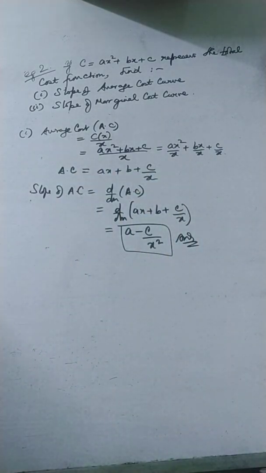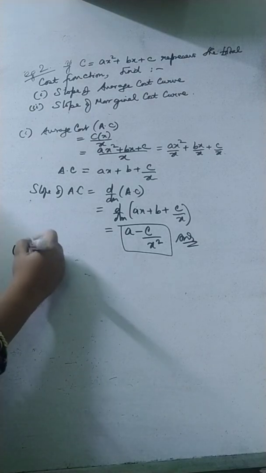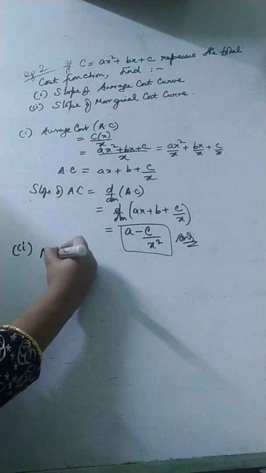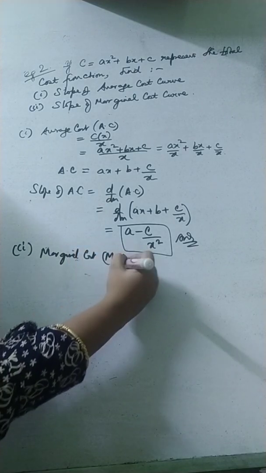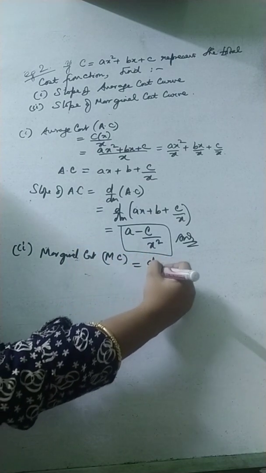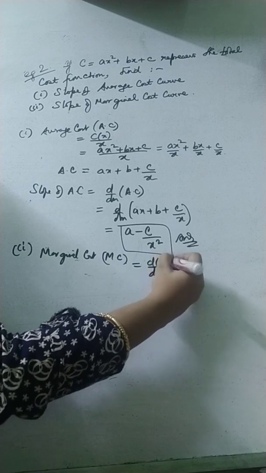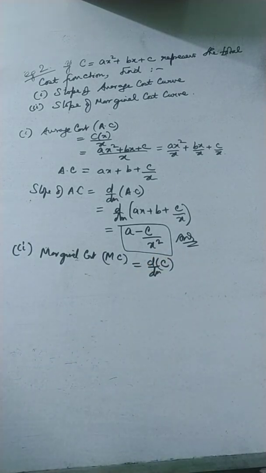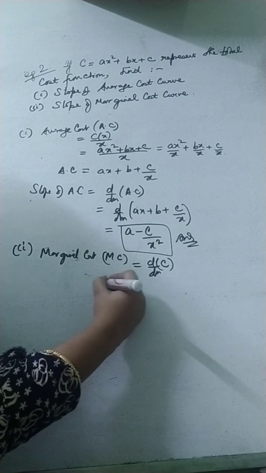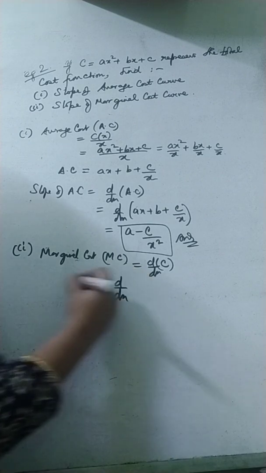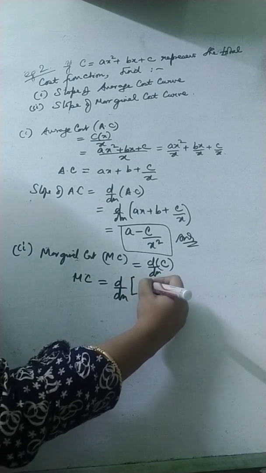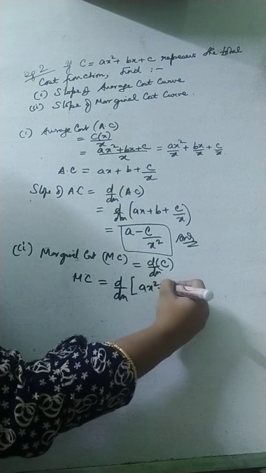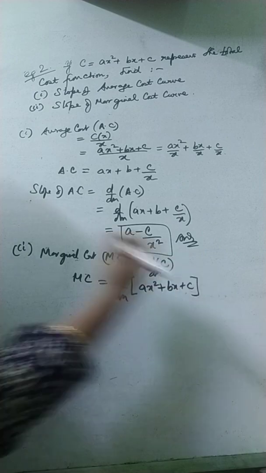For the second subpart, let us find out the marginal cost. Marginal cost MC is d/dx of C. Okay, so therefore MC is equal to d/dx of the cost function, ax squared plus bx plus c.